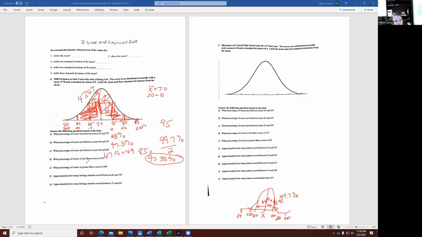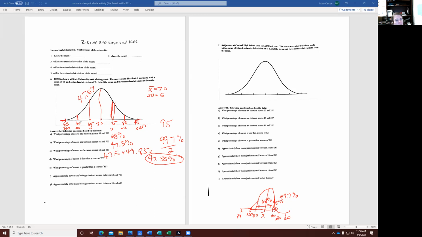What percentage of scores is less than 55? Here's 55, and we want less than this.